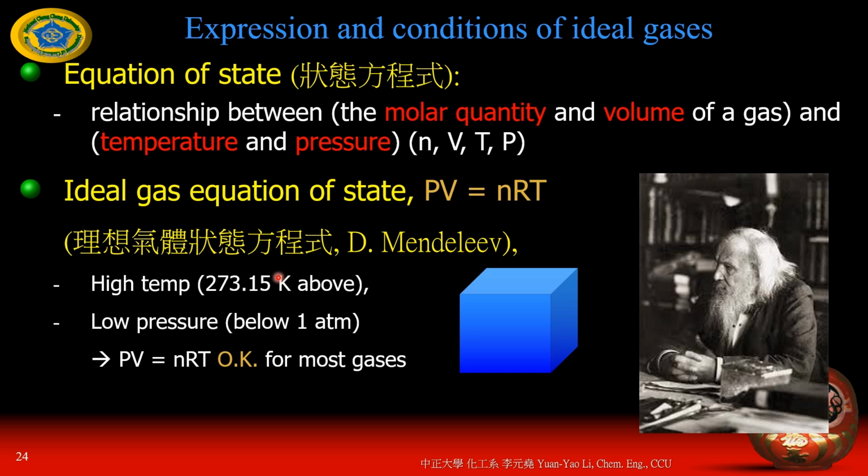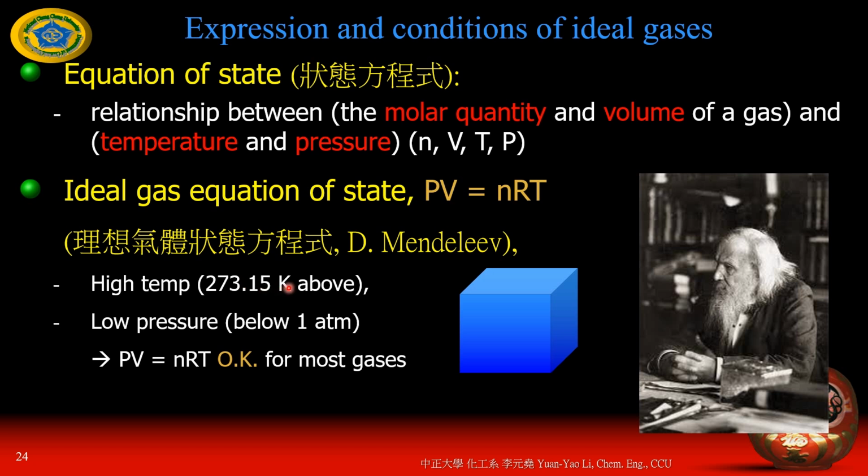Because high temperature means the species is more gas-like. If you think of H2O, low temperature means liquid and solid. If you increase the temperature higher, it becomes gas, right? So if it becomes gas, it behaves as an ideal gas. So you want high temperature, which is 273.15 Kelvin.